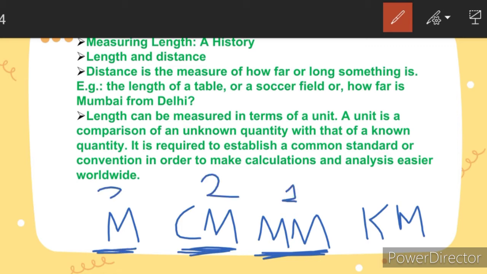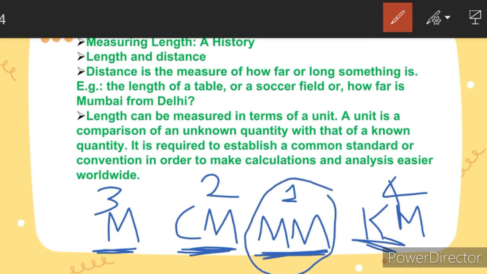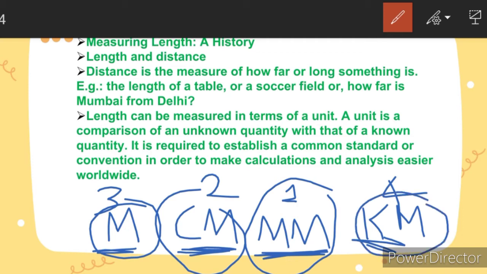Then meter, the third one, and then kilometer is the highest one. Millimeter is very small, as you can understand through the word milli. Centimeter is also very small, but greater than millimeter. Meter is also small, not very small, and greater than centimeter. And then comes the kilometer, which we usually use to speak about long distances.